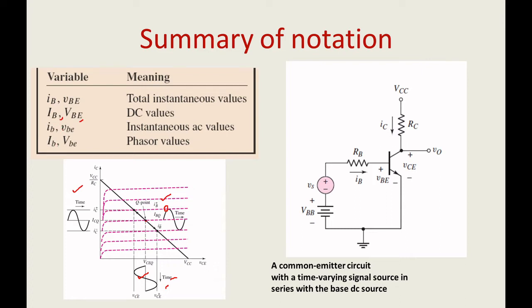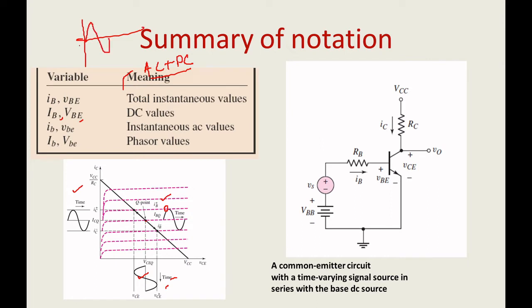Another thing: if you consider the total instantaneous or total phasor values, the total instantaneous is a combination of AC and DC. This is the complete integration, the total analysis. So this is your DC point and above it your signal is flowing.